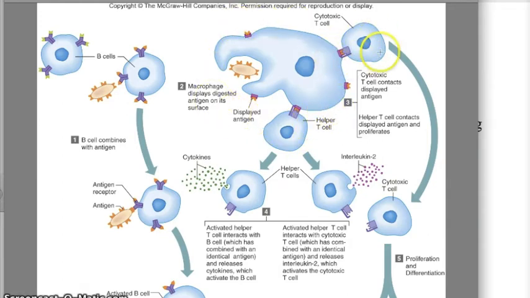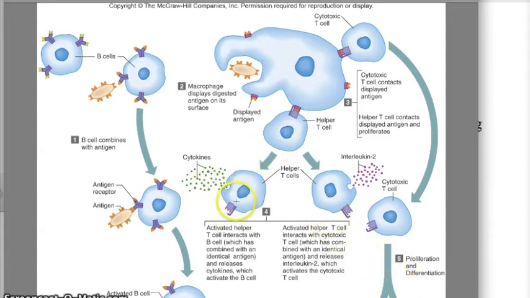So we have our cytotoxic T cells, and we have our helper T cells. And those are going to have slightly different jobs. Our cytotoxic T cells will basically release these different toxins, and they release interleukin, which will actually activate the cytotoxic T cells to function.